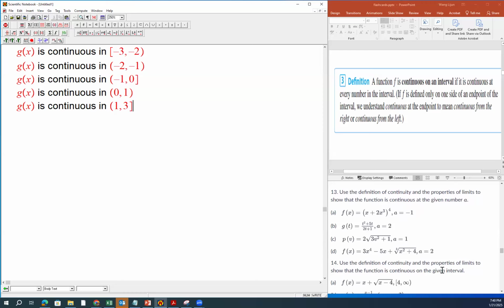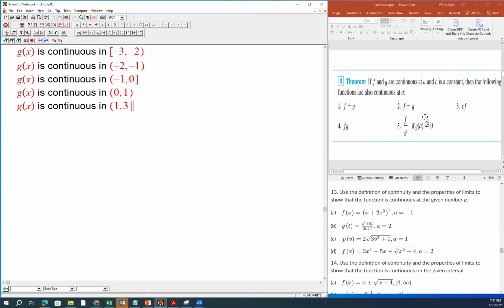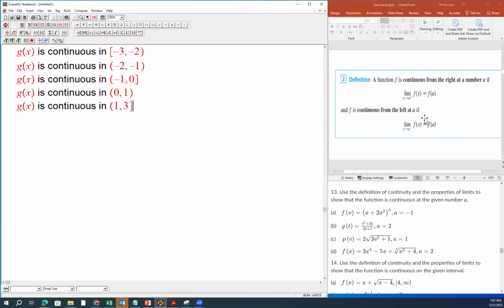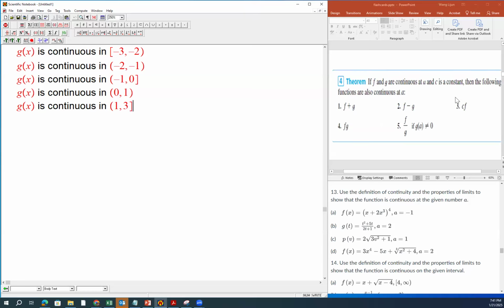So let's look at other statements. Look at these questions in your homework, right? How do we make use of it? We got some really interesting theorems, very, very useful theorems. They seem to be short and we go by them quickly, but they are profoundly useful. The first one is about continuous functions.